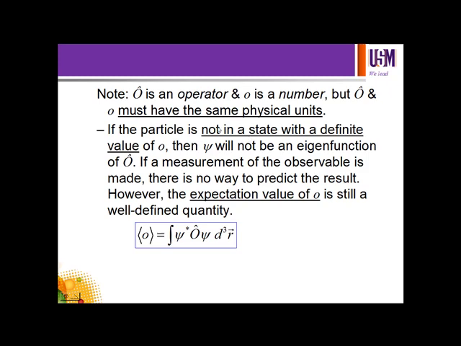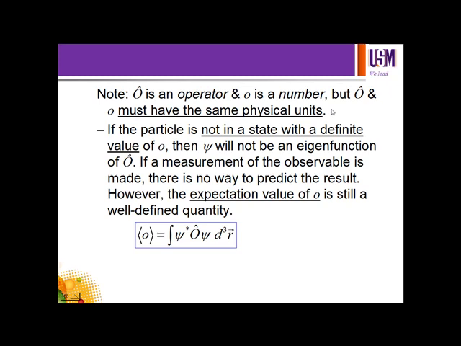Note that even though capital O with a hat is an operator and small o is a number, the operator O and the eigenvalue o must have the same physical units. It depends. For example, if you are looking at position, then they must have the unit for position, such as meter or centimeter.